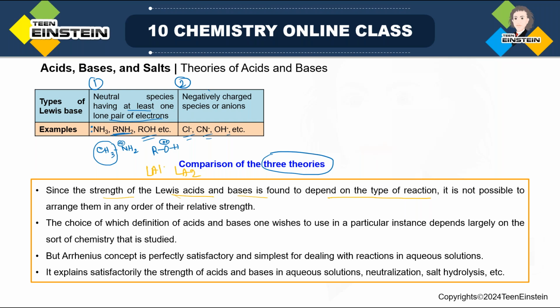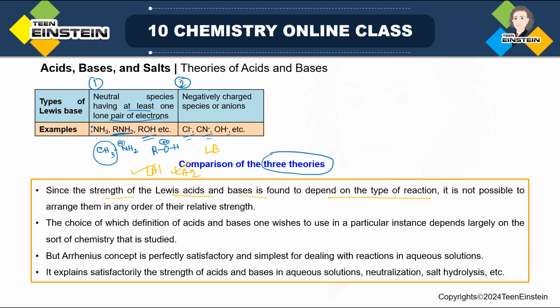This Lewis acid will obviously react with some Lewis base, and LA2 also reacts with some Lewis base. But this type of reaction between Lewis acid and base is dependent on the type of reaction. So when you try to compare these two species, which one has more acidity, you will not be able to do so. Why? Because it may be possible that these two species are not reacting with a common Lewis base. So suppose the common Lewis base is LB. Now with LB, both are reacting.